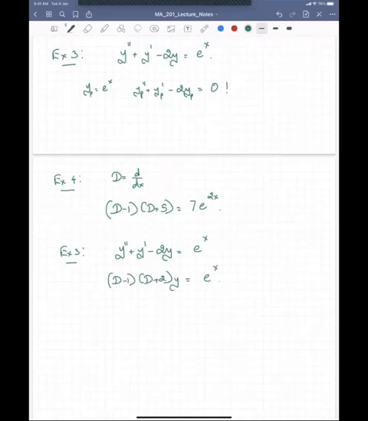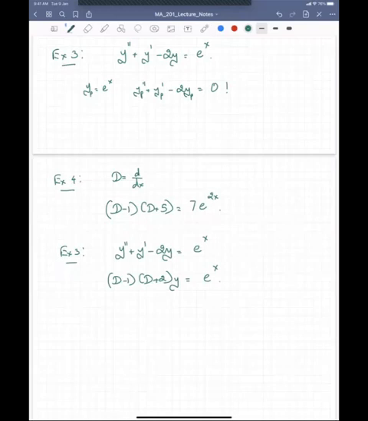Any questions or comments about this? Does everyone agree? In case someone is uncomfortable with me using this notation, please let me know. I will switch back. All I mean is that I can find the roots of the homogeneous part very easily. The roots will turn out to be 1 and minus 2. So I'm basically writing this equation as d/dx minus 1 times d/dx plus 2. That's what roots actually mean. Is this okay?